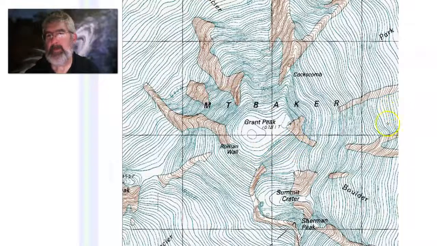Okay. This is Mount Baker, by the way. I suppose you can see that. Some of you may have spent some time on these slopes. Something I notice is that sometimes the lines are really far apart, and sometimes they're really close together.